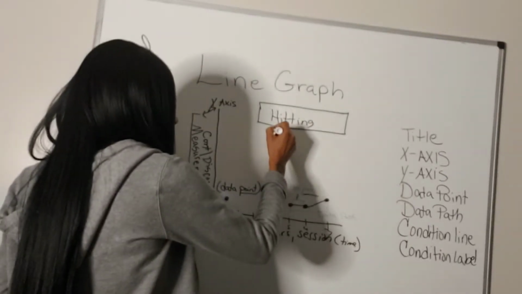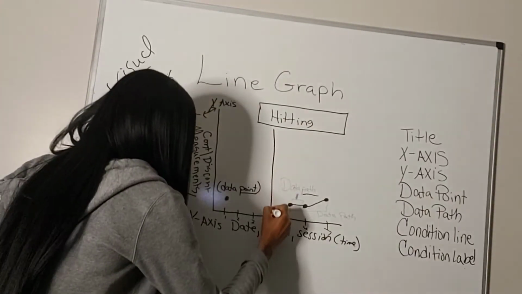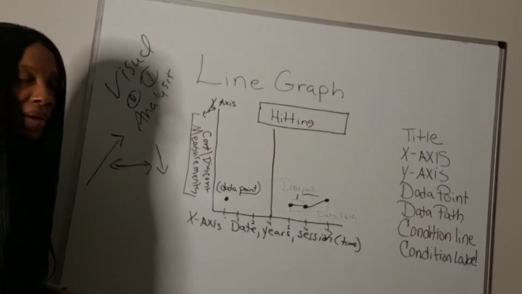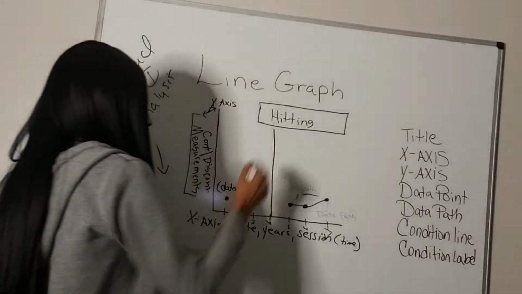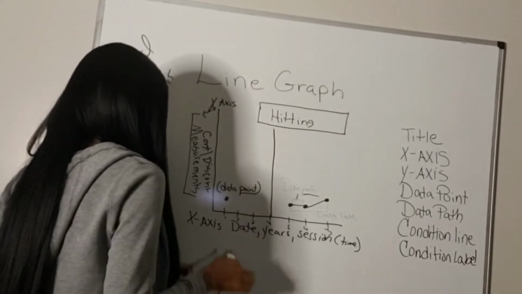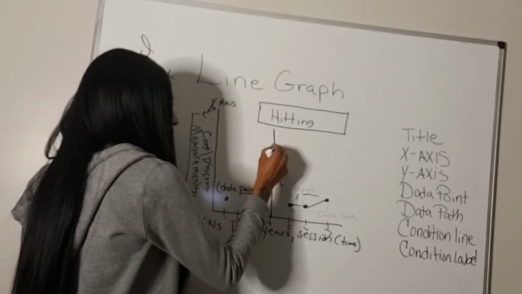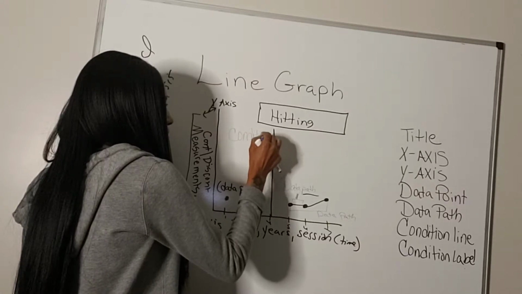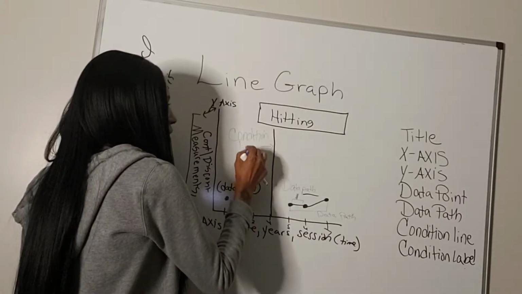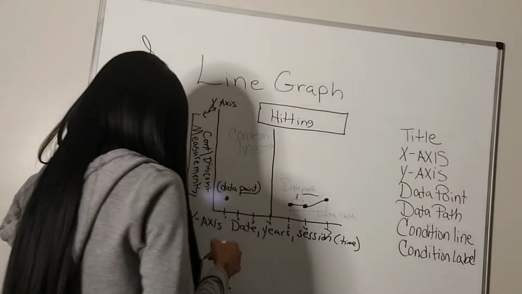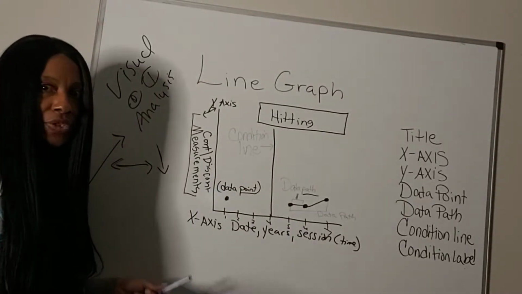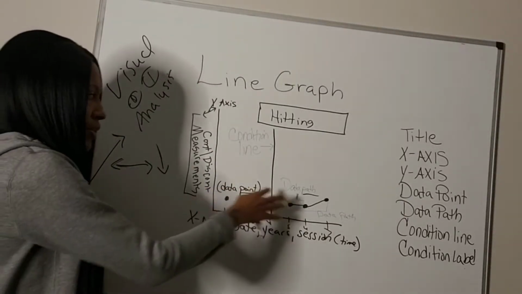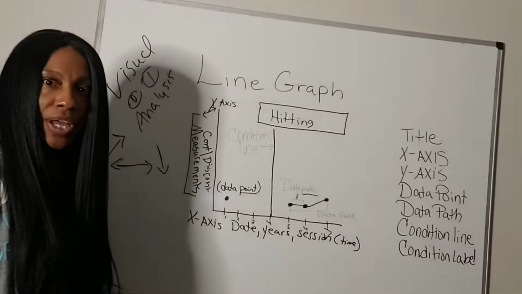There's something called a condition line, which would run straight up and down. This line is a condition line. The reason it's called a condition line is because something has happened within the treatment. So we're running a treatment and something has changed.